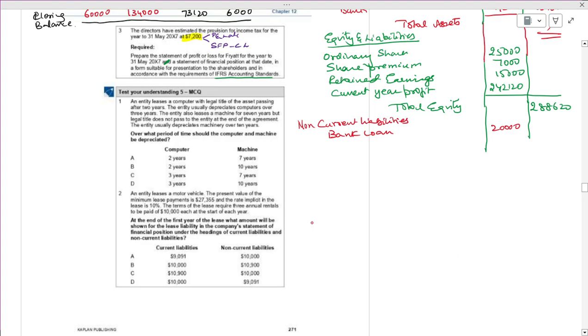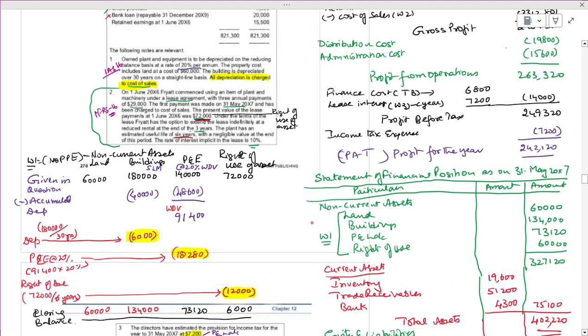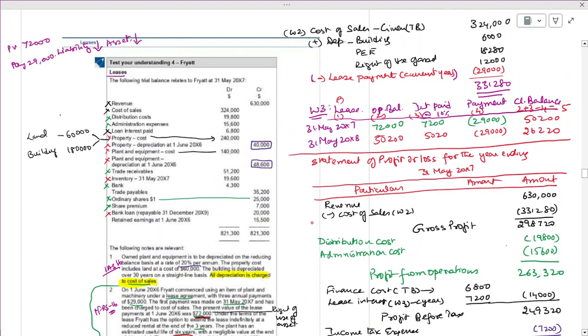Next, the lease, long term. How much is the lease? 26,220 closing.